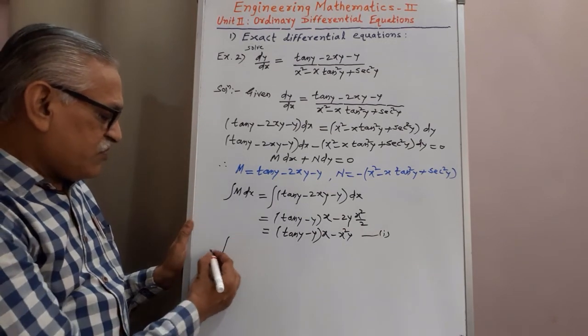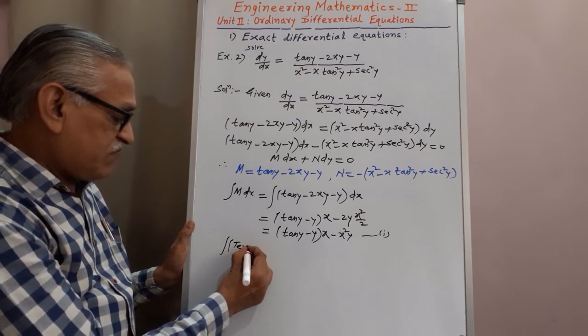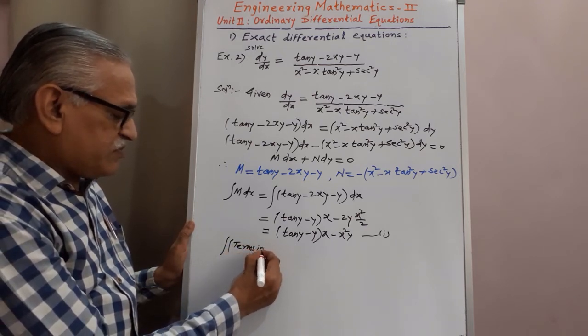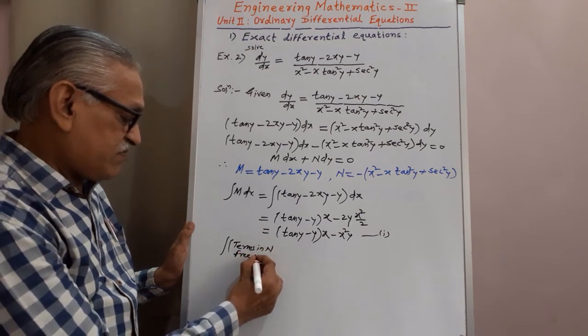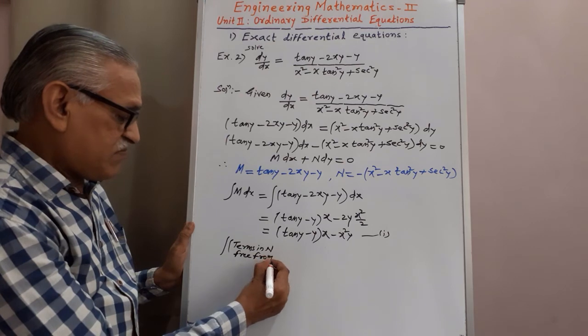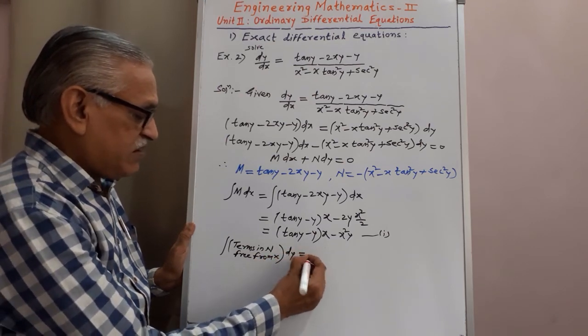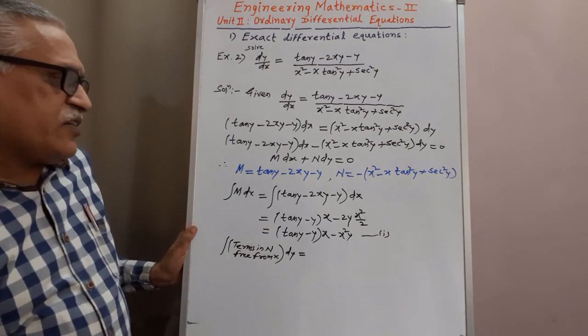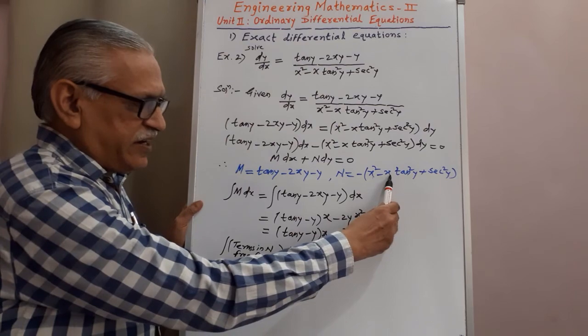Then in the second step, we find the integration of terms in N free from x, with respect to y. We try to find the terms which are free from x.